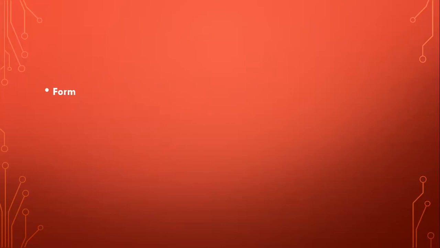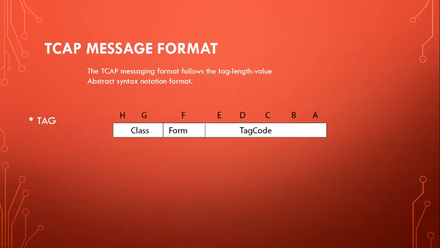If you can go back at the tag format, you can see the form is the second element in this specific tag format. So if the form is 1, like if that bit in the form position is 1, that means that this particular tag is a constructor element.